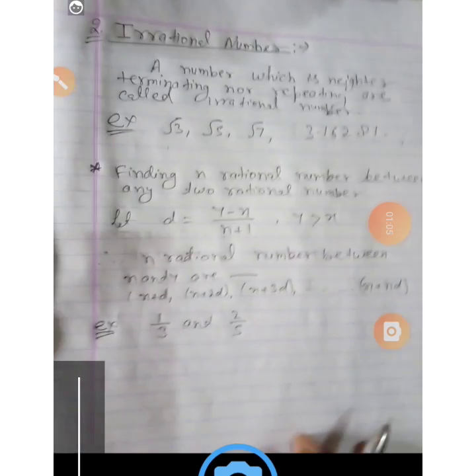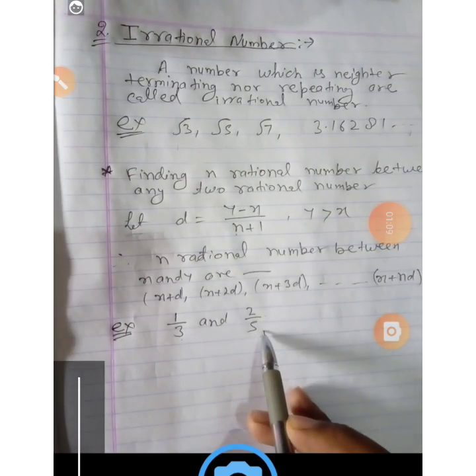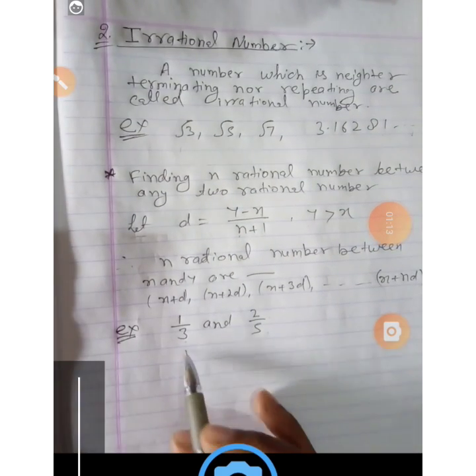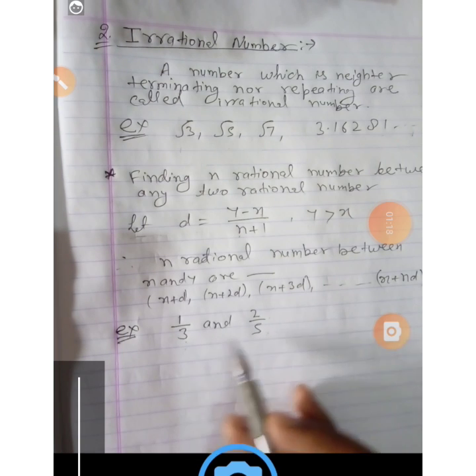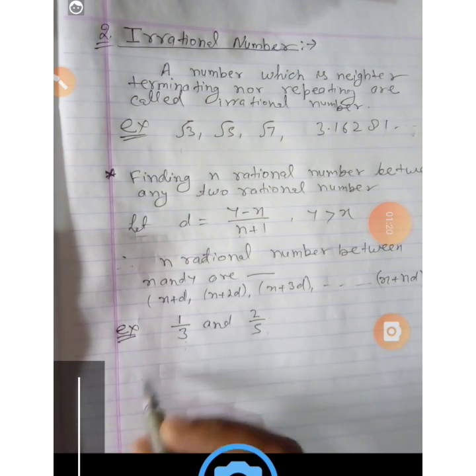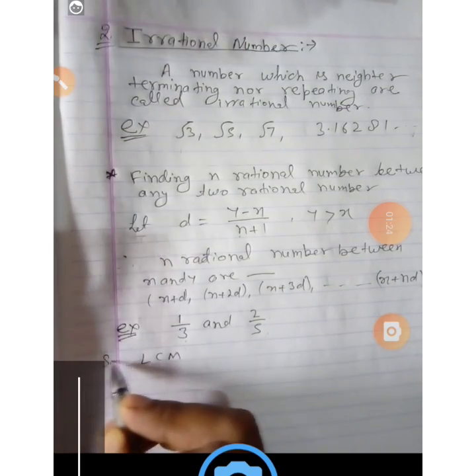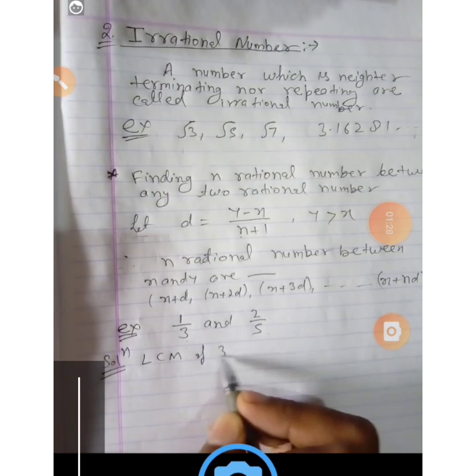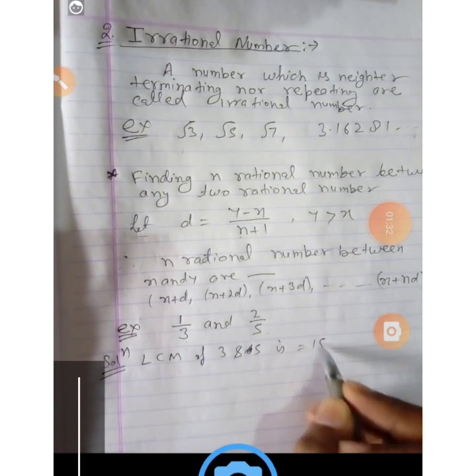Now we see some examples. First rational number 1 by 3 and second is 2 by 5. First of all we find which is greater by comparing the two numbers. For that, first find the LCM of 3 and 5. The LCM of 3 and 5 is 15.